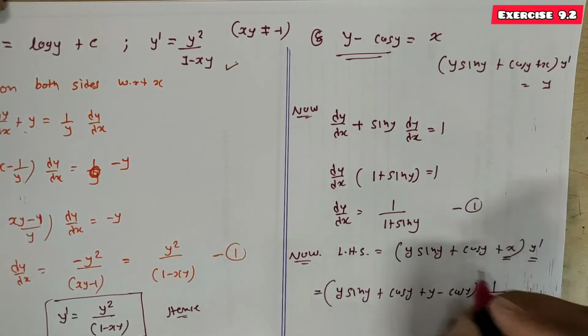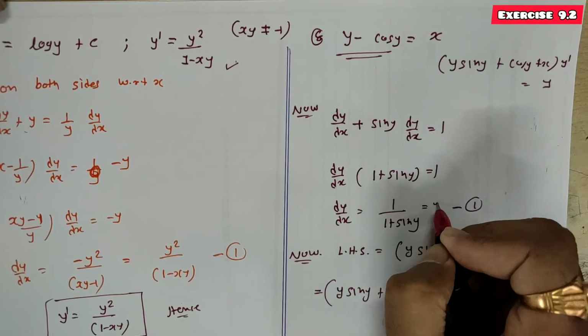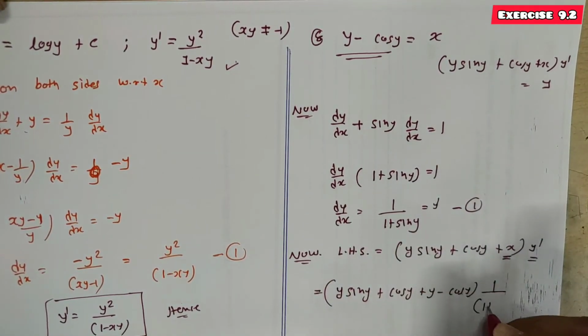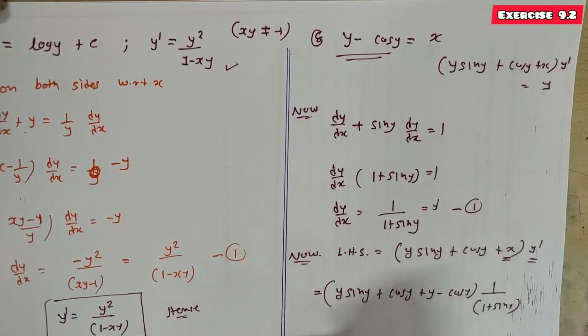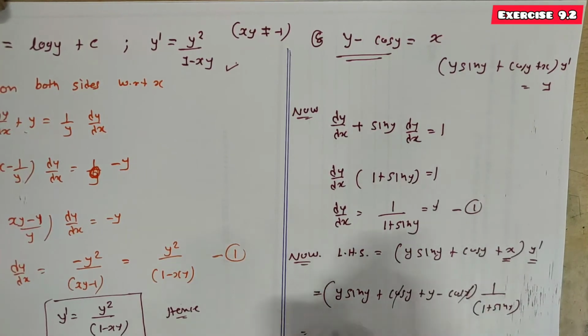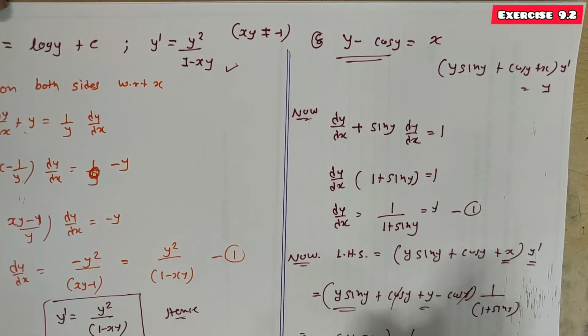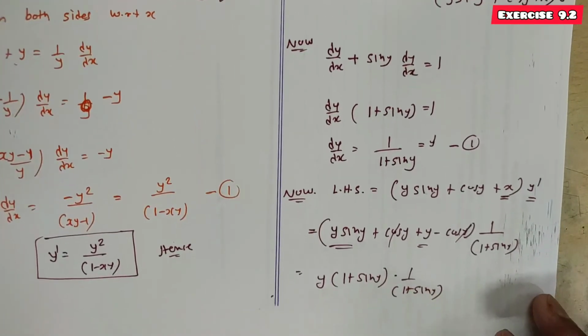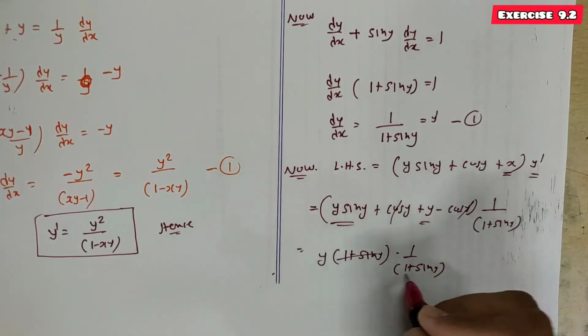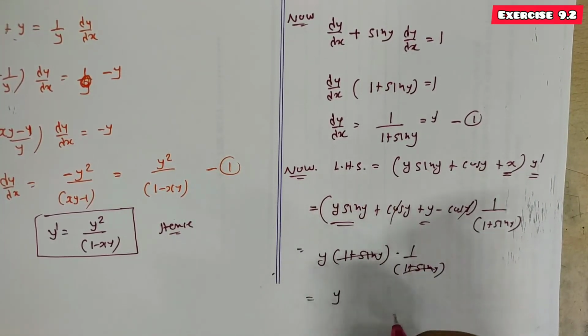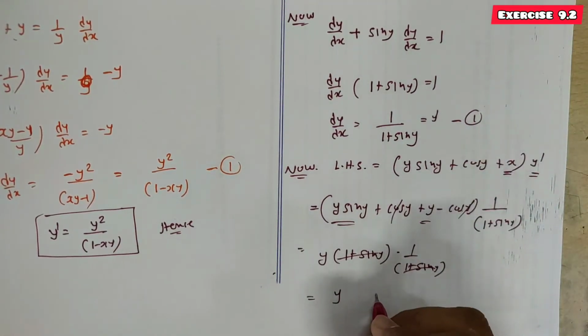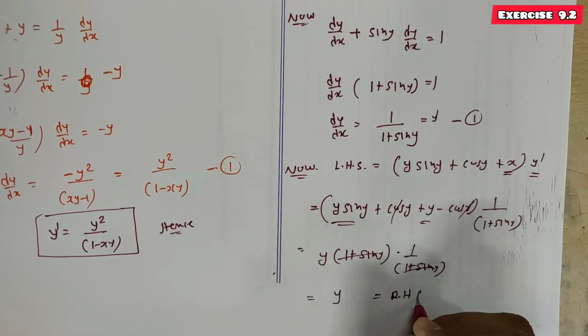Y dash is 1 upon 1 plus sin y. Cos y minus cos y cut, and here we can take y common. So it's y into 1 plus sin y into 1 upon 1 plus sin y, 1 plus sin y cut. This is equal to y, which is our required right hand side.